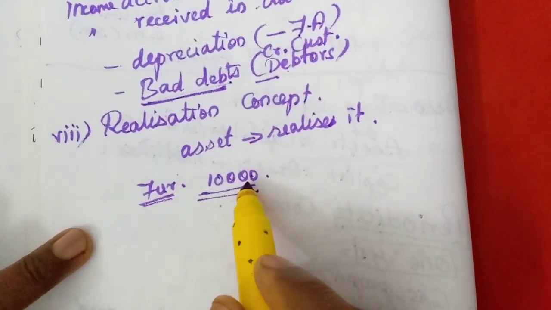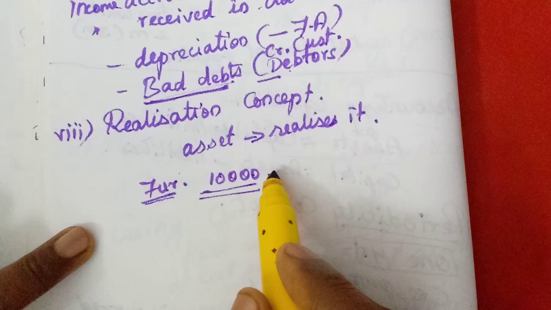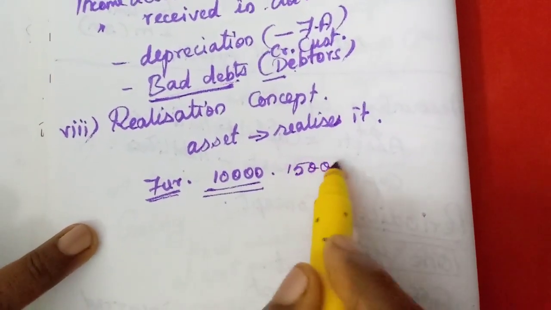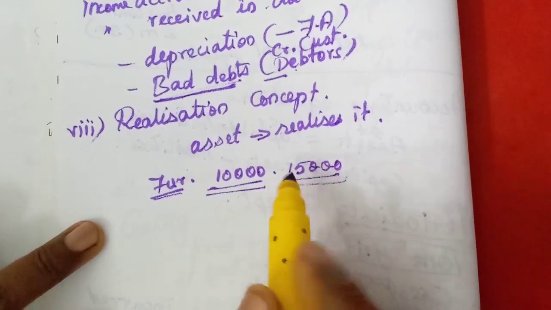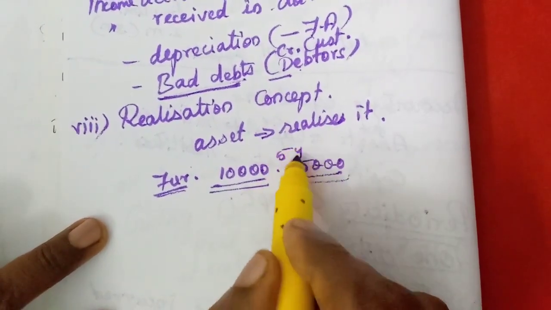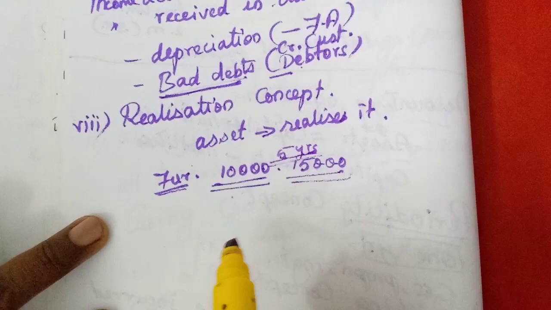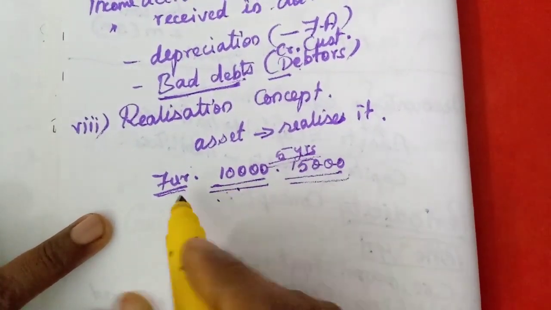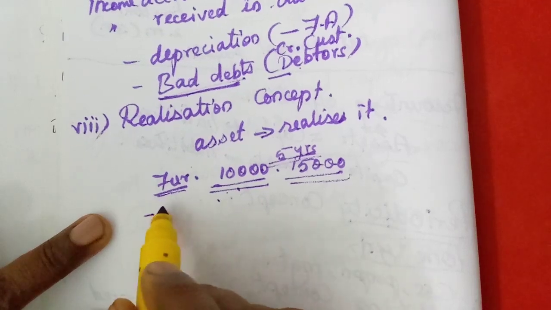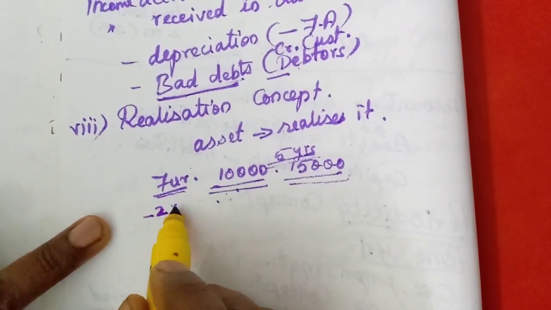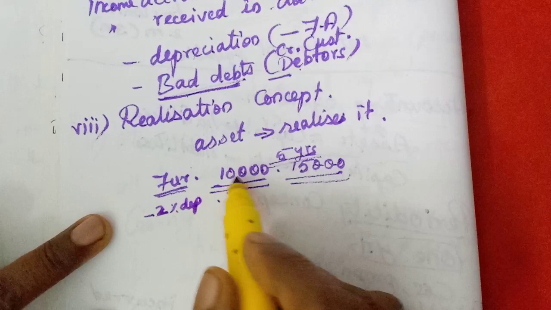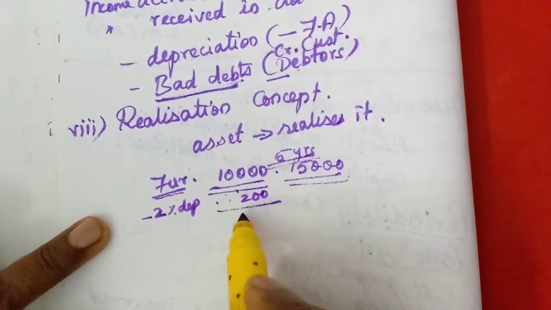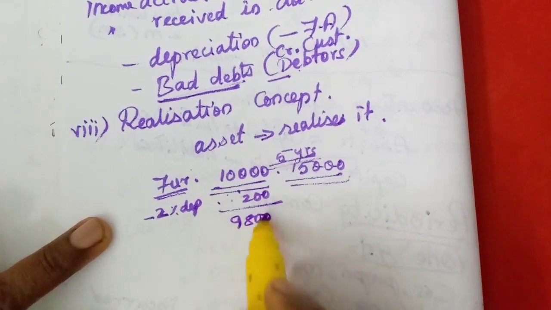Even if we sell after 5 years, we could realize around 15,000. But in the books of accounts, every year around 2% will be deducted as depreciation. So first year 2%, how much? 200. So 9,800 will be there.